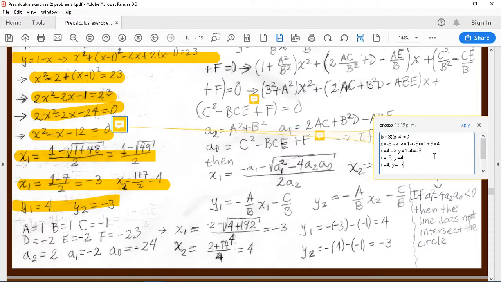Okay, so those are our solutions. That means that is our set of solutions for that exercise.